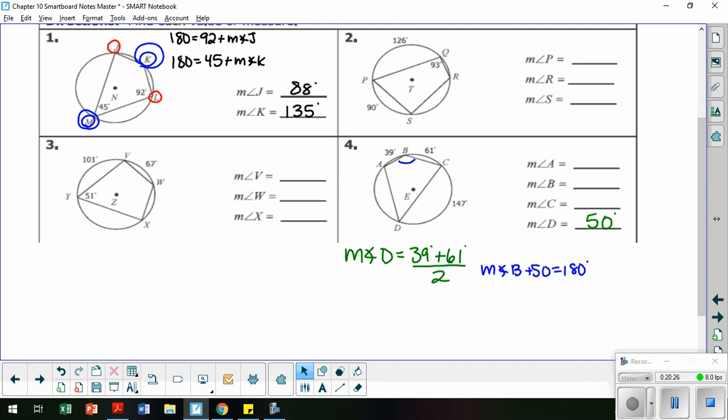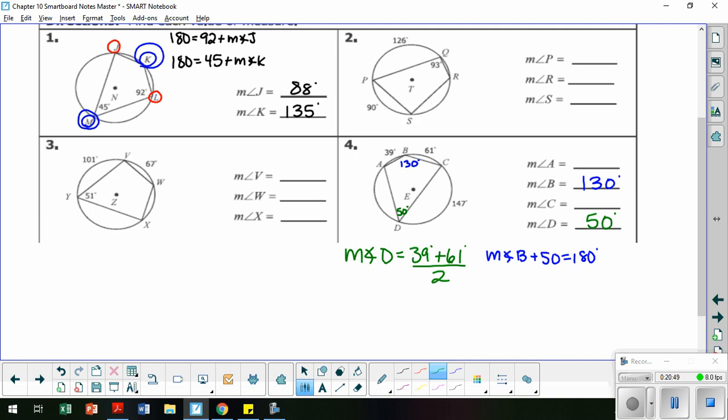So if you subtract your 50, you get 130, sorry. So I'm going to start putting this stuff in here. That's 130. This one is 50.